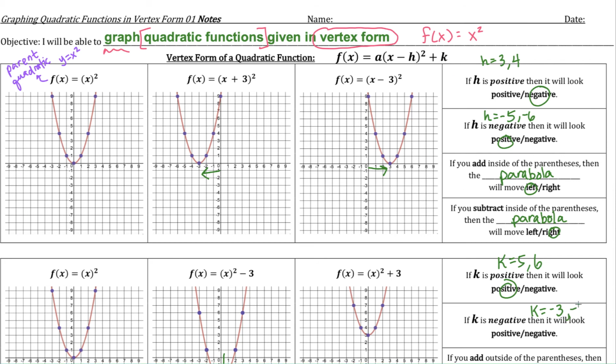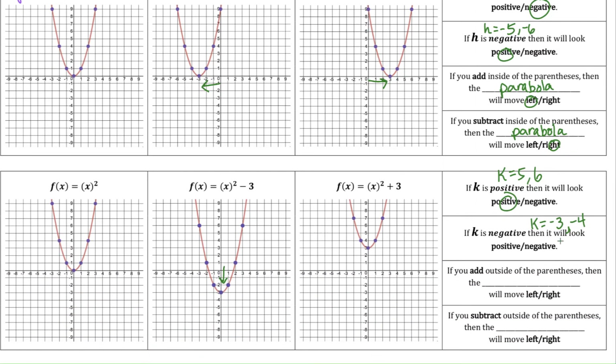If k is negative 4, it'll say plus negative 4, which is just minus 4. So if k is negative, it will look negative. If you add outside of the parentheses, the parabola will move up. But if you subtract outside of the parentheses, the parabola will move down. It will translate down.